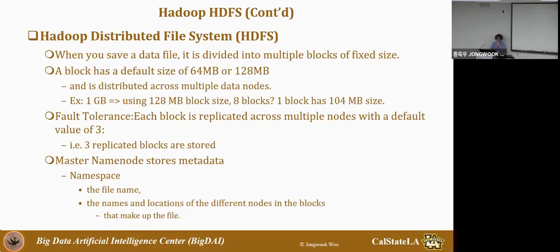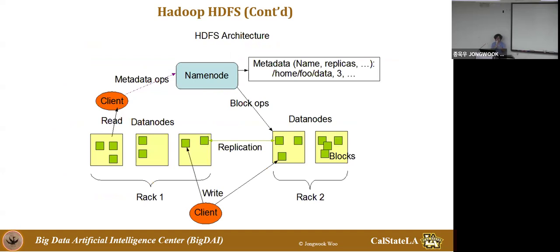Okay? So if I show you the HDFS architecture, it looks like this. There is one name node as a master node, and there are multiple data nodes as worker nodes. Okay, and data nodes actually keep the blocks. The block is shown as dark green, and the light green is a server. This is a server.